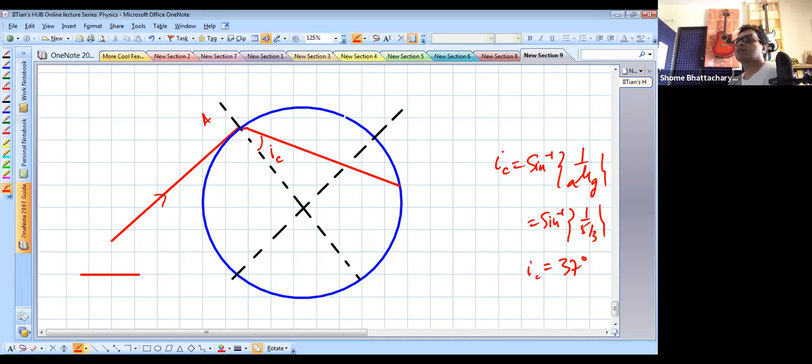So the other thing you can see here is the angular deviation this has suffered right now, we can call this delta 1. The first refraction, air to glass, is occurring with that situation which we call grazing incidence.